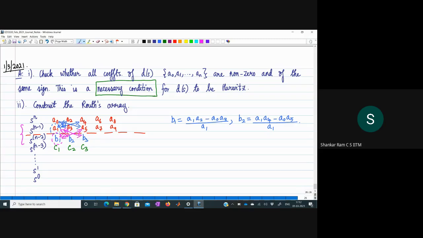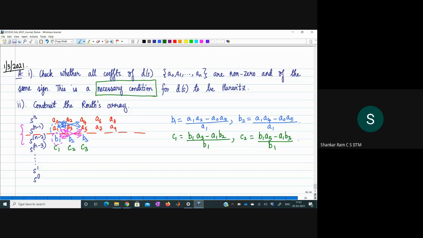So C1 is B1 A3 minus A1 B2, divided by B1, and C2 is B1 A5 minus A1 B3, divided by B1, and so on.